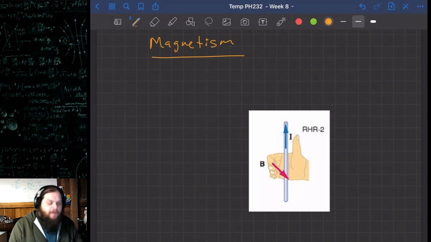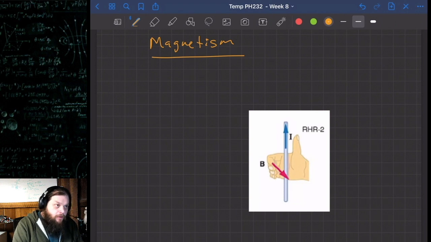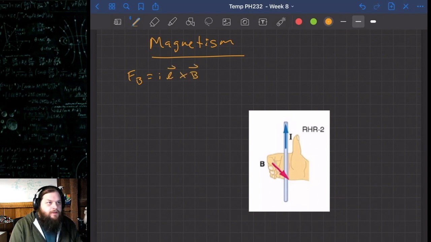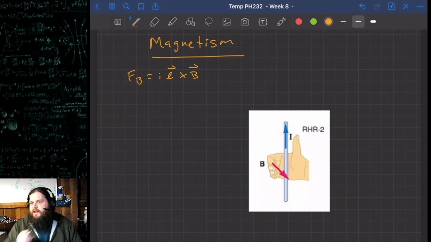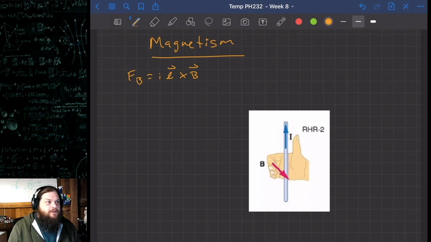We can calculate the magnetic force, where the force F_B is going to be equal to I L cross B. So that's the current times the length of the wire that you're talking about, in a cross product with the magnetic field that might be generated. That's the force of, let's say, another wire on there.